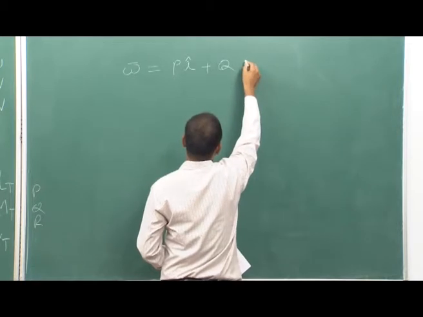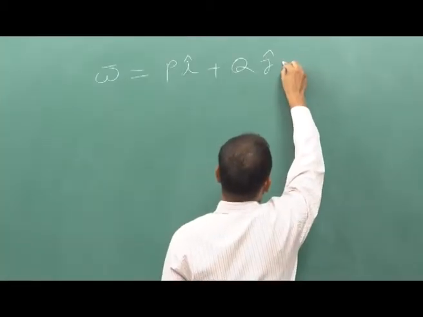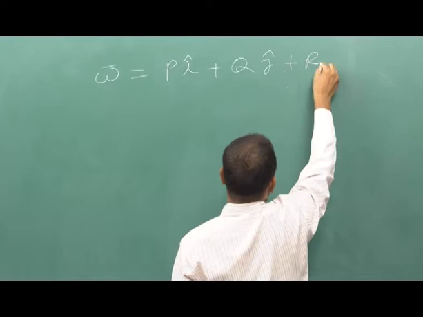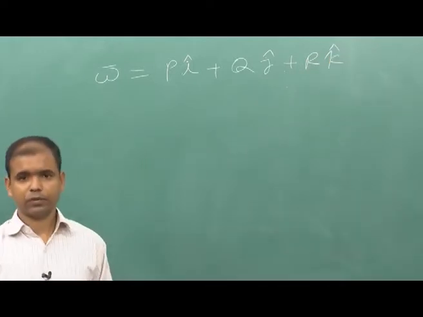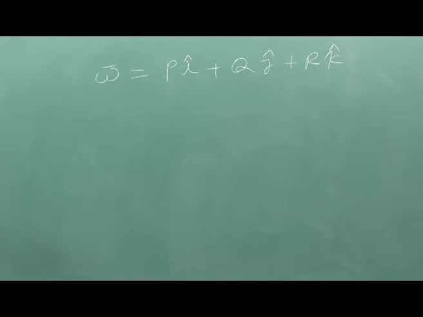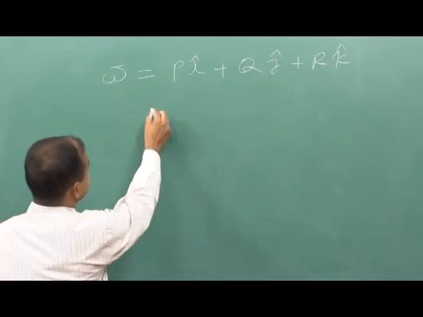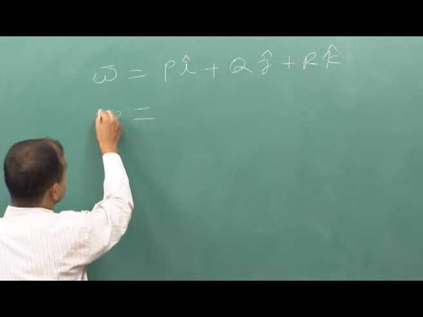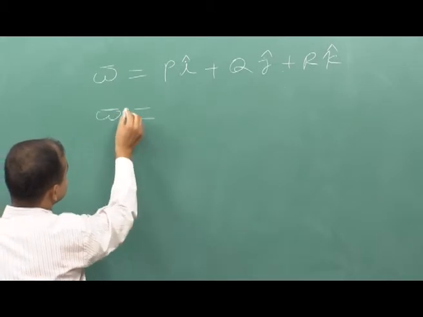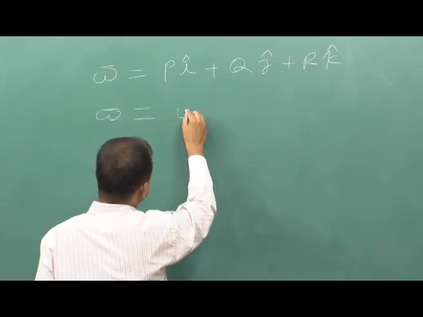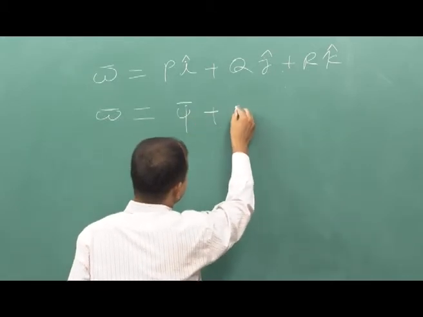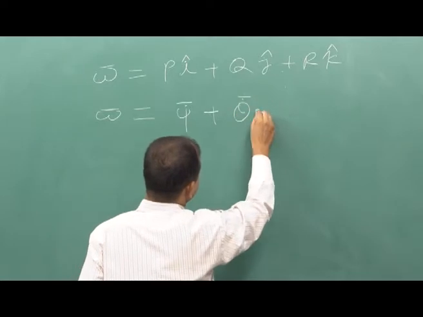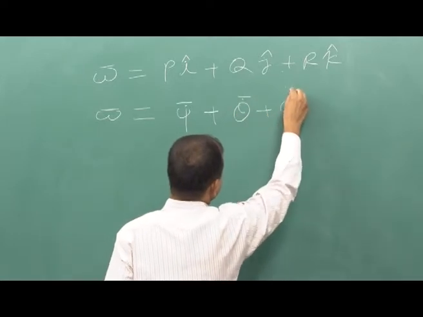So, we can write Pi plus Qj plus Rk, and if you know the rate of Euler rotations, we can write the angular speed of the aircraft as psi dot plus theta dot plus phi dot.